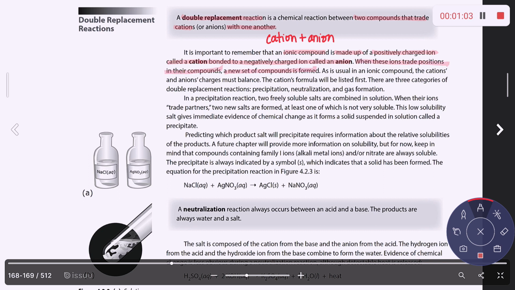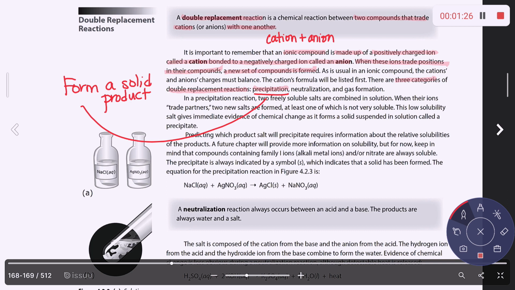Okay, and there are three different categories of double replacement reactions. The first one is precipitation. Precipitation reactions will form a solid product. So you would have to look at the state of matter. So let me give you an example.